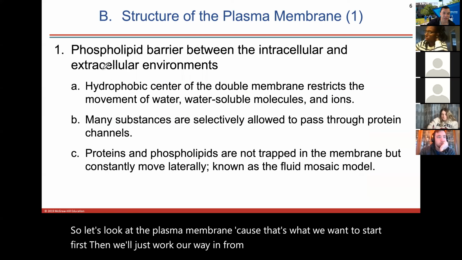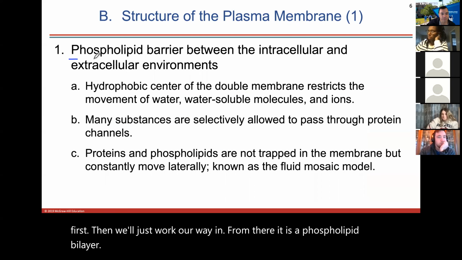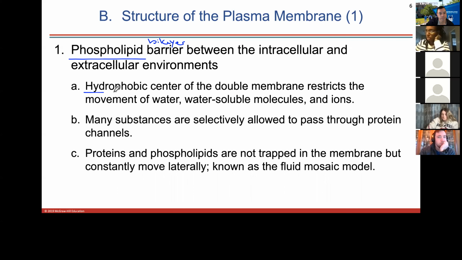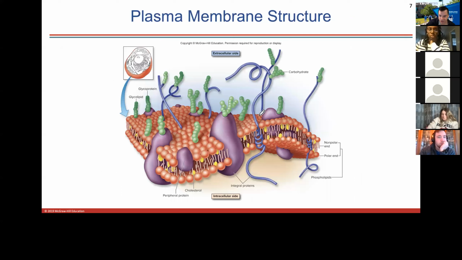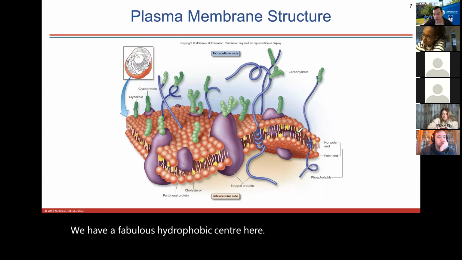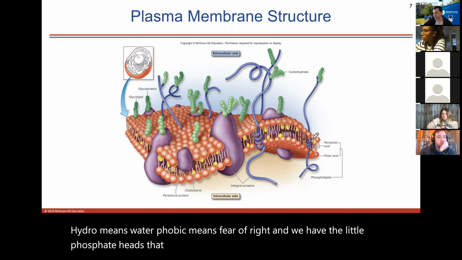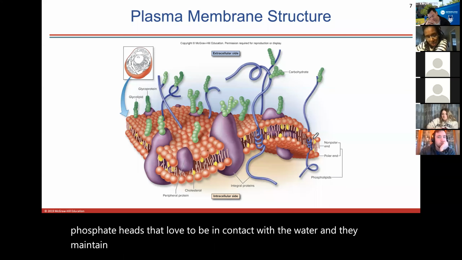It is a phospholipid bilayer. We have a hydrophobic center here. Hydro means water, phobic means fear of, right? And we have the phosphate heads that love to be in contact with the water, and they maintain this orientation all the time.